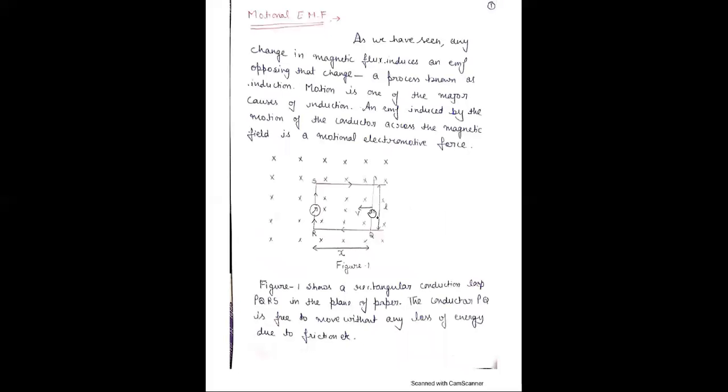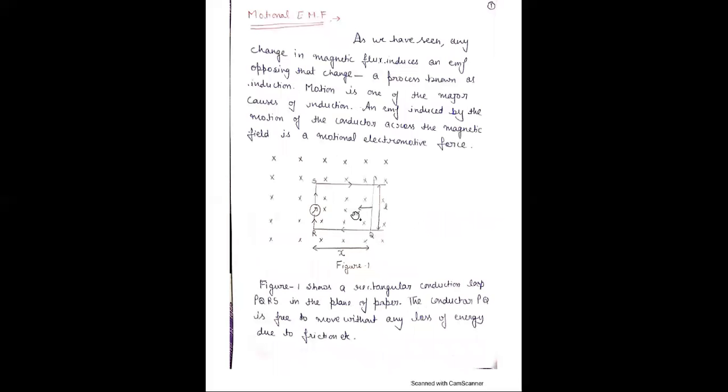Therefore, the EMF E is equal to the rate of change of magnetic flux, that is, E equals minus d phi by dt, where the negative sign is due to Lenz's law. This is equal to minus d by dt of BLX, putting in the value of phi. B is constant, L is constant, but there is a variation in X. Therefore E equals minus BL dx by dt.